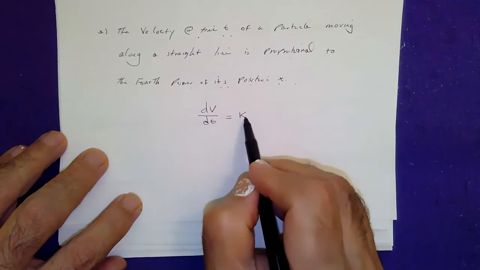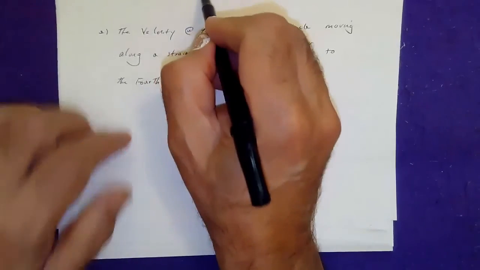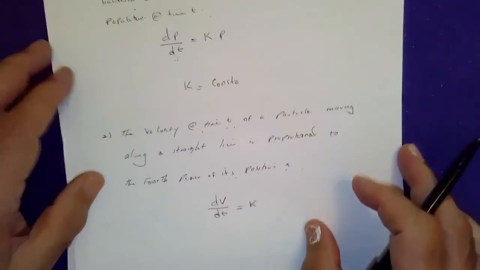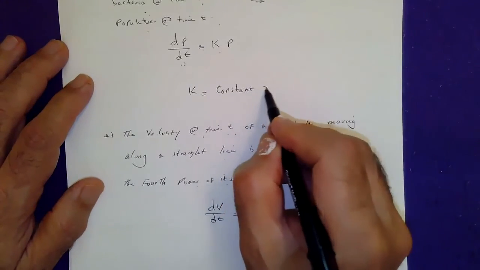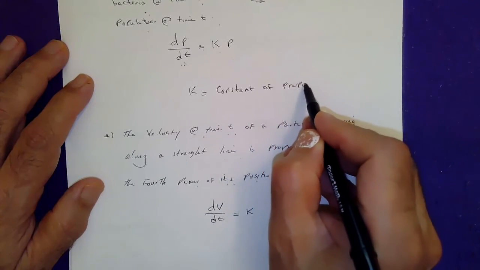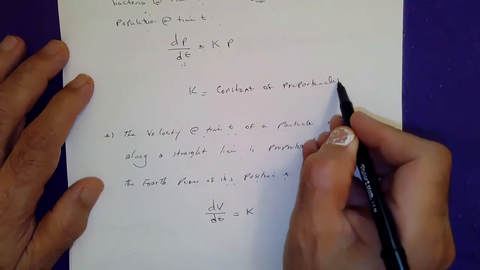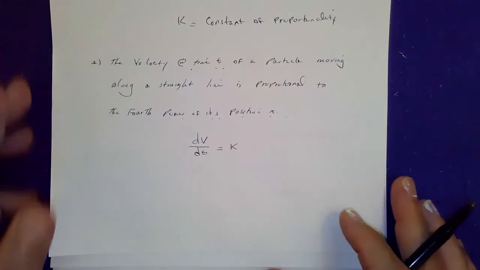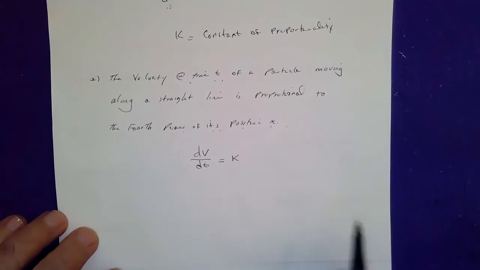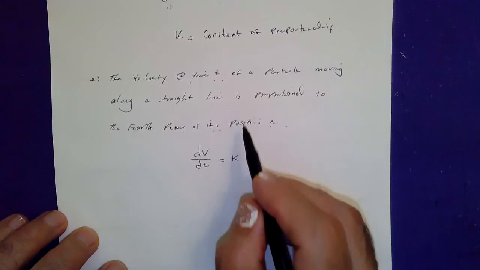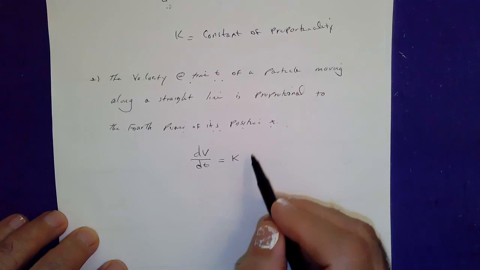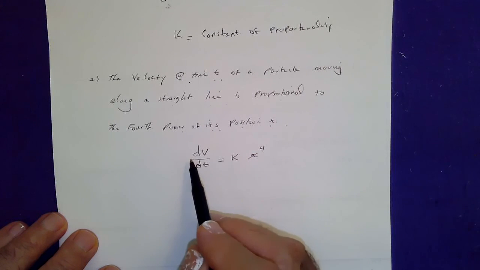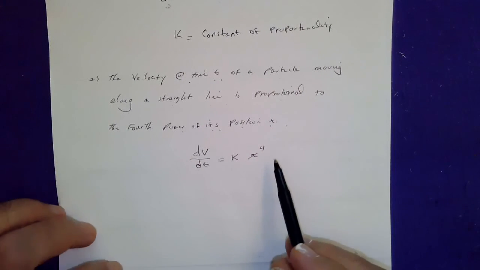It is proportional, so you have to have k, which is called the constant of proportionality. Based on some conditions, it will be predetermined what k is in real life. And this is proportional to the fourth power of x, which happens to be the position. So there it is. That's a differential equation.